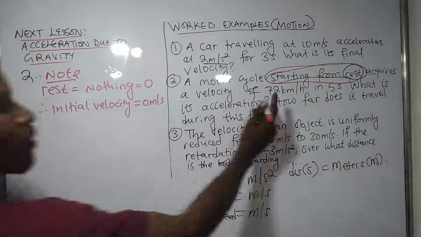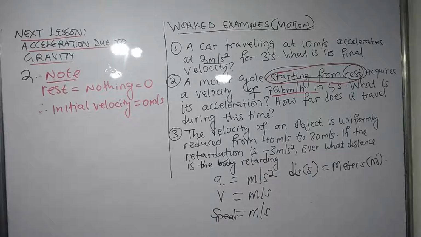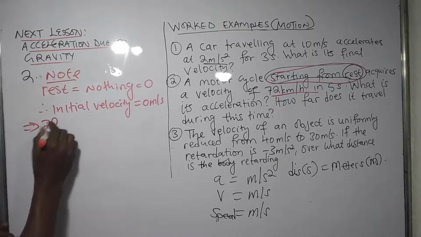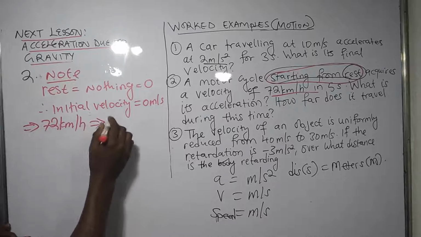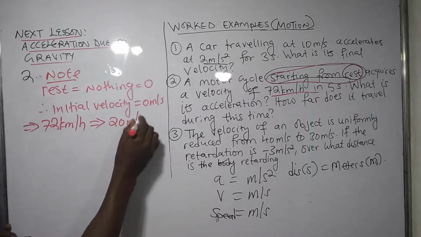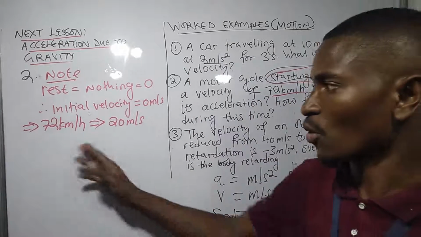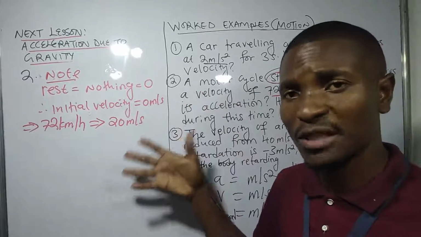Then it acquires a velocity of 72 km per hour. Now 72 km per hour is equivalent to 20 meters per second.